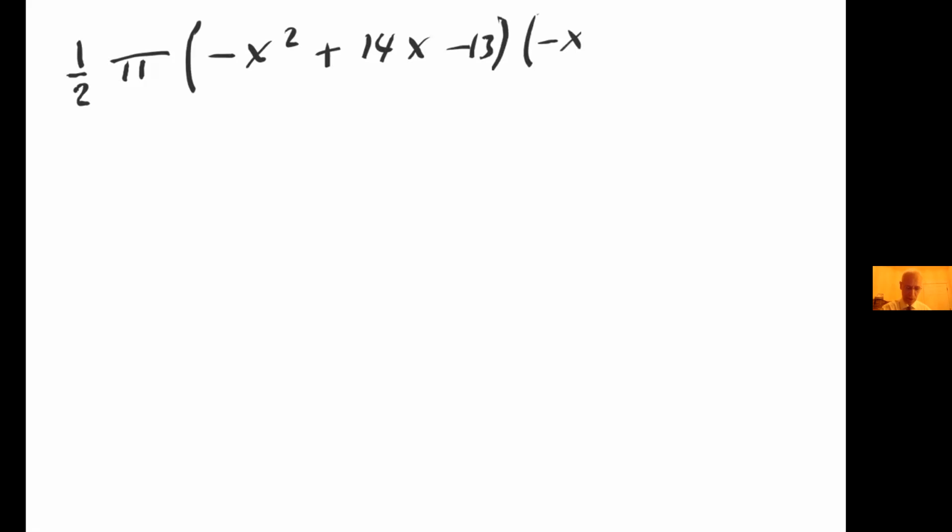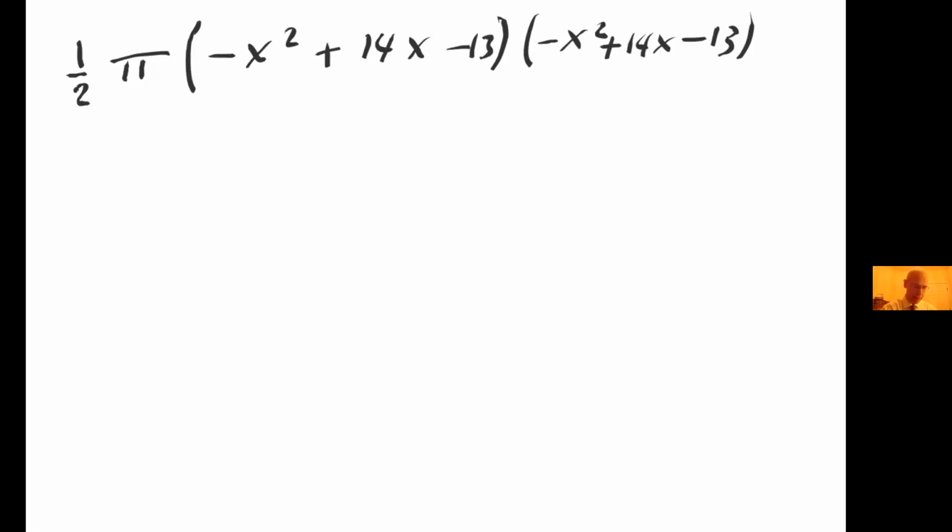I'm going to continue on the next page. So I have 1/2 of pi, and then minus x to the second plus 14x minus 13 times another minus x squared plus 14x minus 13. And I'm going to try to be a good bookkeeper here.